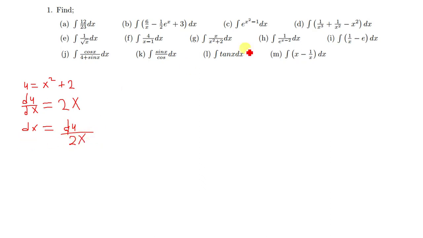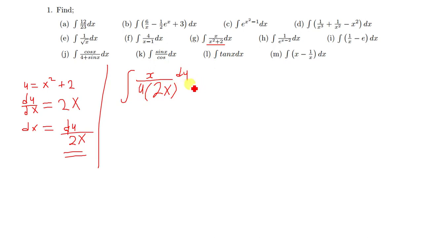In this expression, where there is x squared plus 2, I'm going to put u, and where there is dx, I'm going to put du over 2x. So I'm going to have the integral of x over u, times du over 2x.